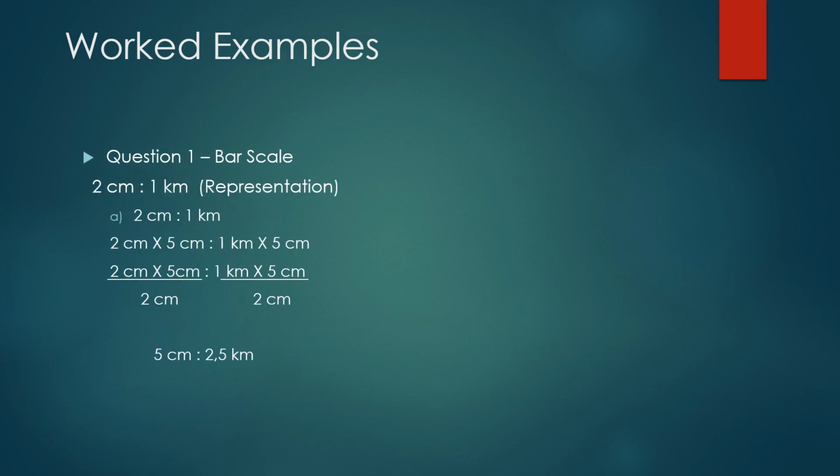For the first question, we know from the bar scale that 2 centimeters represents 1 kilometer. It is not right to write it like this, because the units must be in the same metric unit, but we are writing this so that we can convert 5 centimeters into what it represents in the real world, in kilometers.